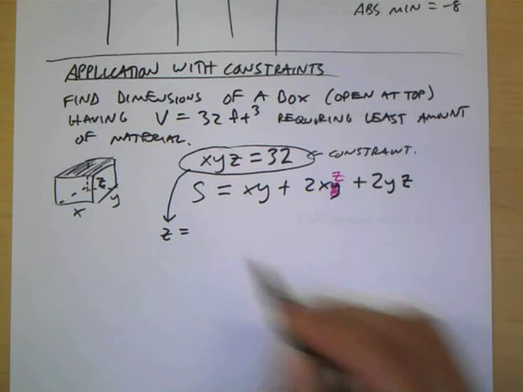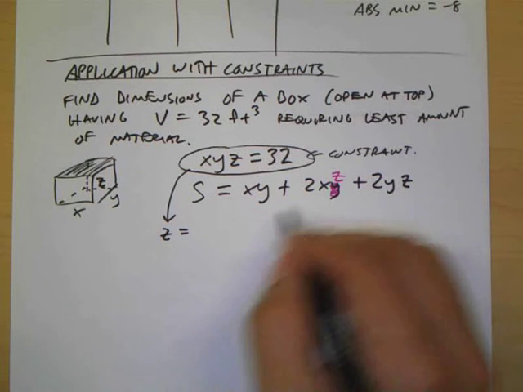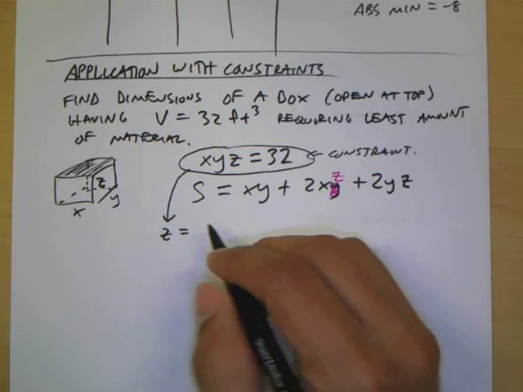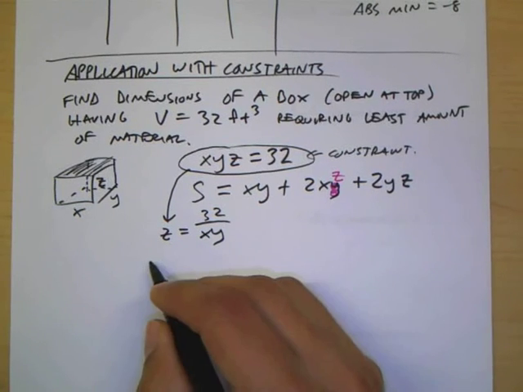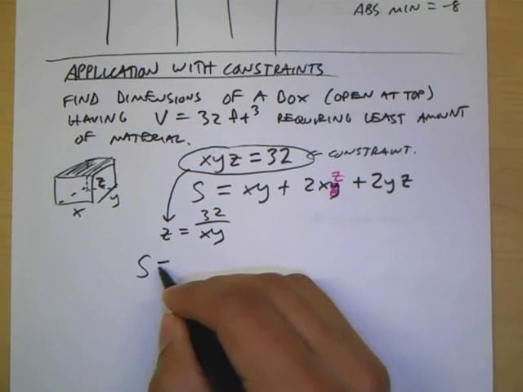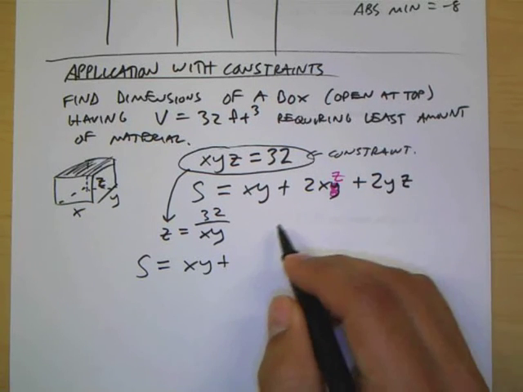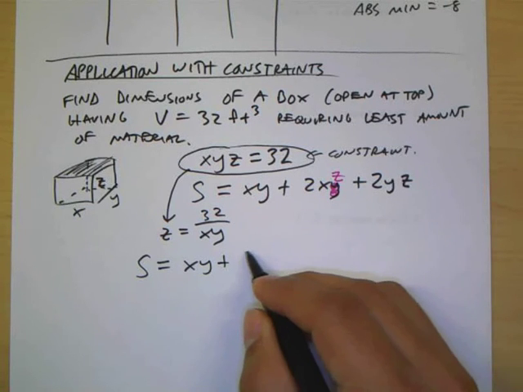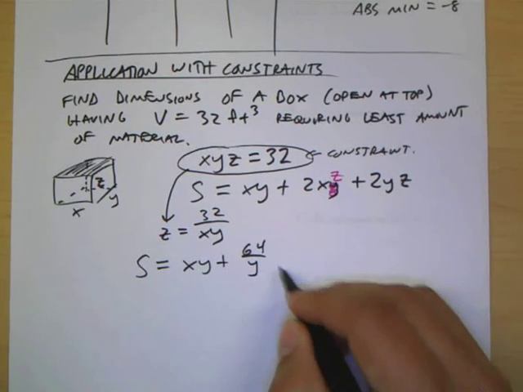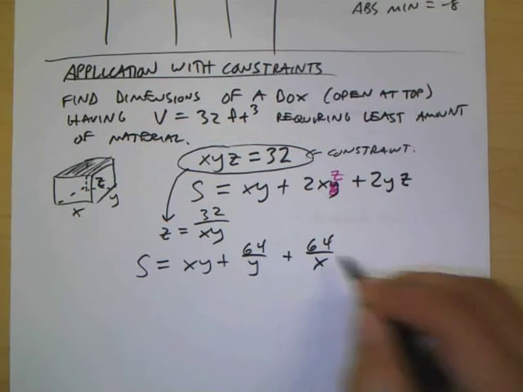Get one of those variables that we're not used to seeing, z, and plug z into the S. So z would be 32 over xy, and then we can rewrite the equation. So we have xy plus, what would this be? 2 times x times 32 over xy.